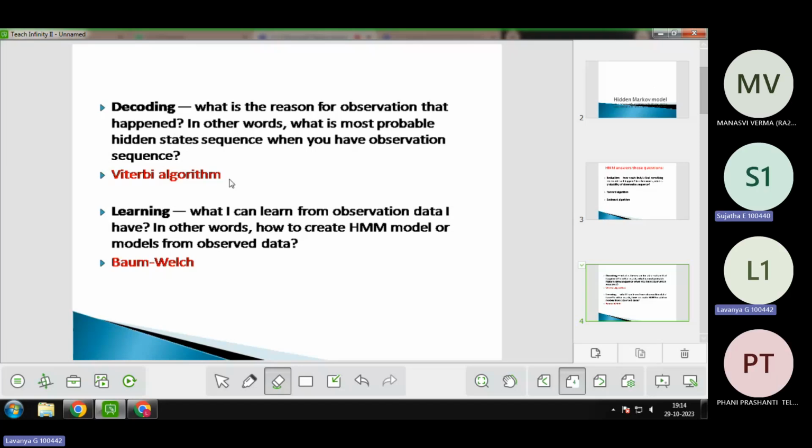For this we use the Viterbi algorithm. Then the third one, learning. What can I learn from the observation data that I have on hand? In other words, how to create an HMM model from the observed data. For this, we use an algorithm known as the Baum-Welch algorithm.